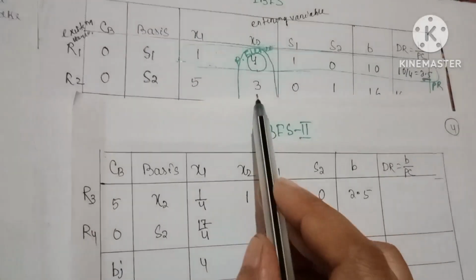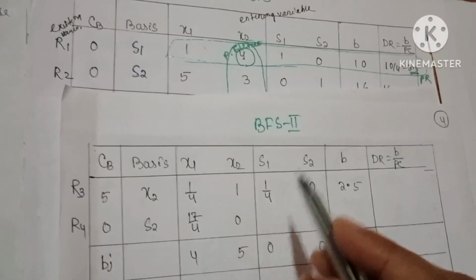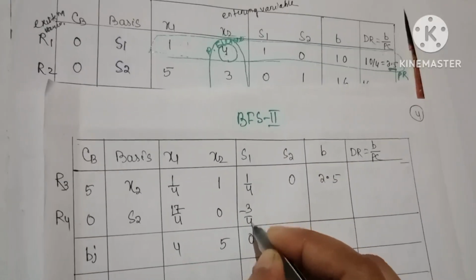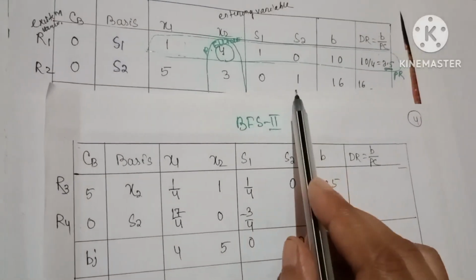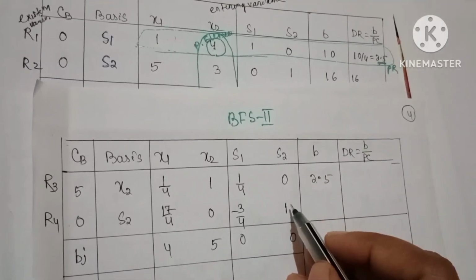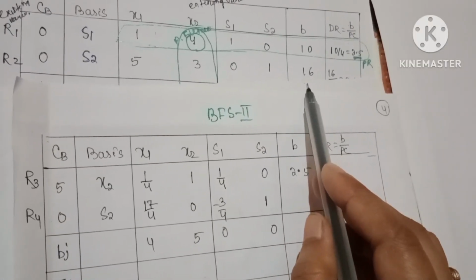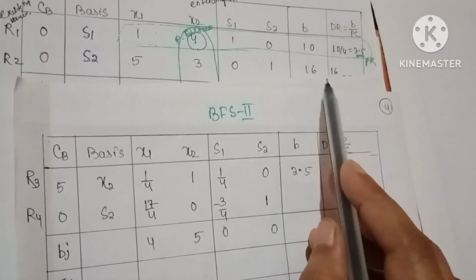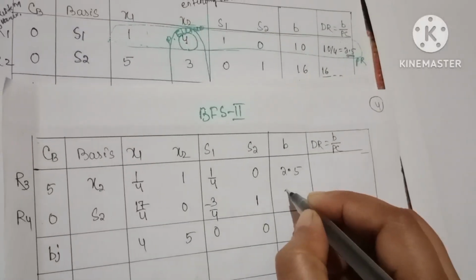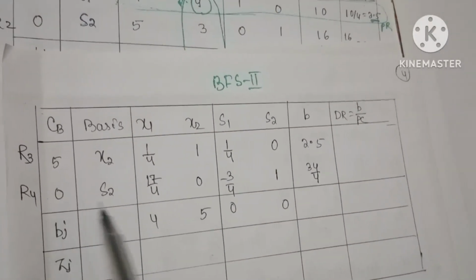Then next 3 minus 3 into 1 becomes 0. Then next 0 minus 3 into 1 by 4 becomes minus 3 by 4. Then 1 minus 3 into 0 becomes 1. Then the next, 16 minus 3 into 10 by 4, becomes 34 by 4. So this is your new value.